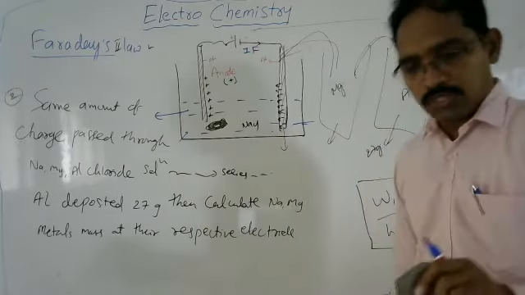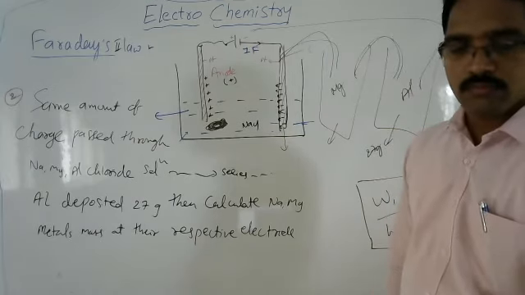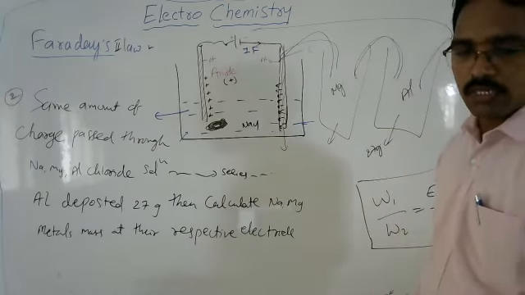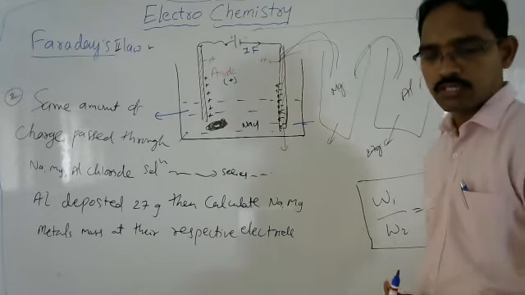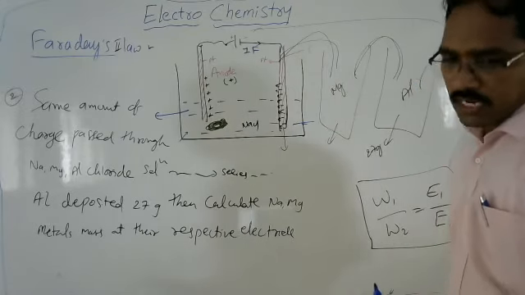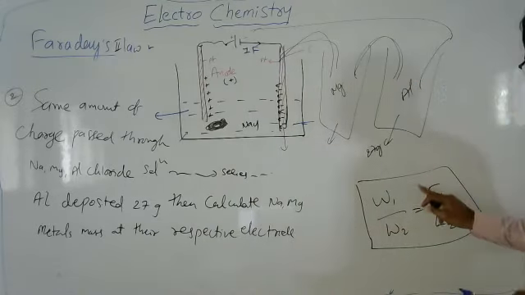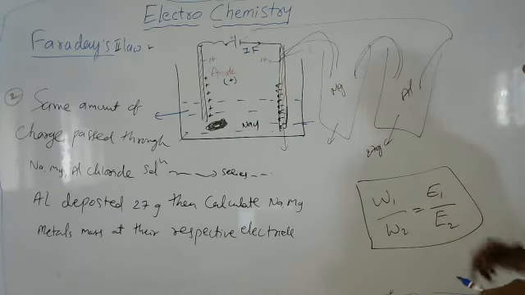Now you tell me, did you understand the question or not? What is the question asking? At least you understood the question, right? After that, substitute, you use this formula. Okay.